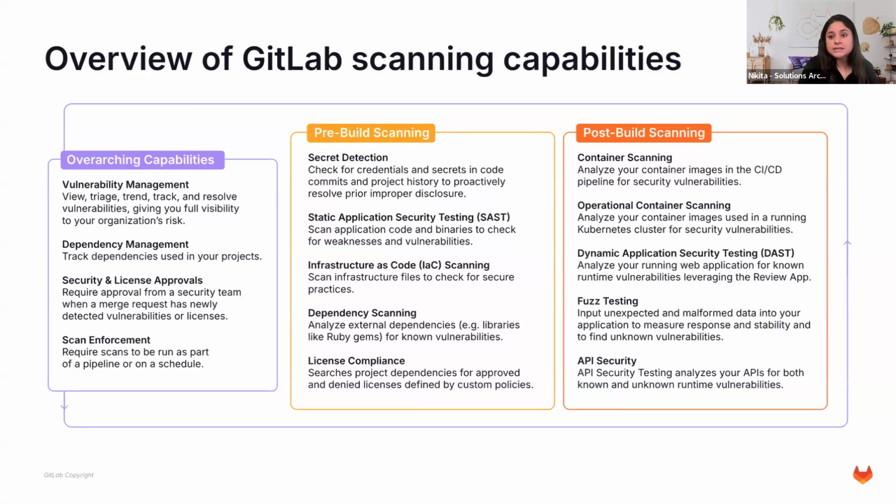Moving on to post-build scanning, right? We have container scanning, which analyzes your container images in the CI/CD pipeline for security vulnerabilities. The most important part that I want to highlight is DAST scanning. It analyzes your running web application for known runtime vulnerabilities, leveraging the review app.